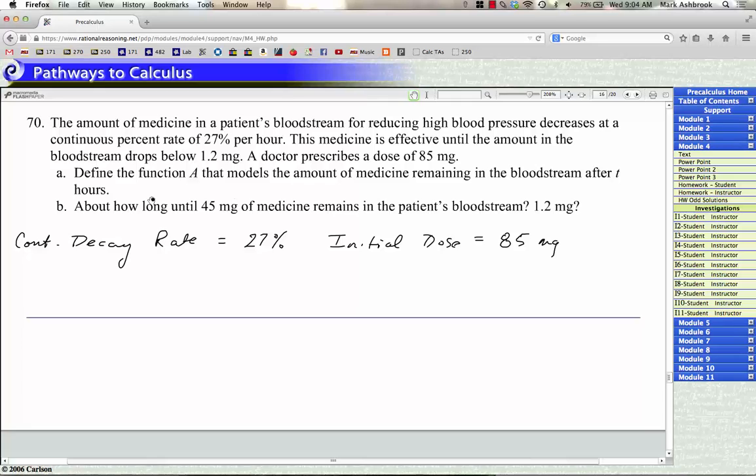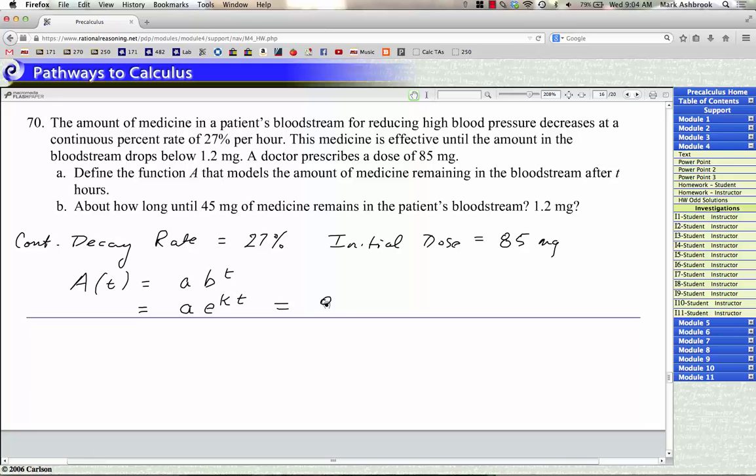If they want us to define this function, say A of t, then which form are we able to write down right away, given the information that we have? So here are our two forms. They gave us the continuous decay rate, so that's going to be this form. How does that translate? 27% tells us what about this form?